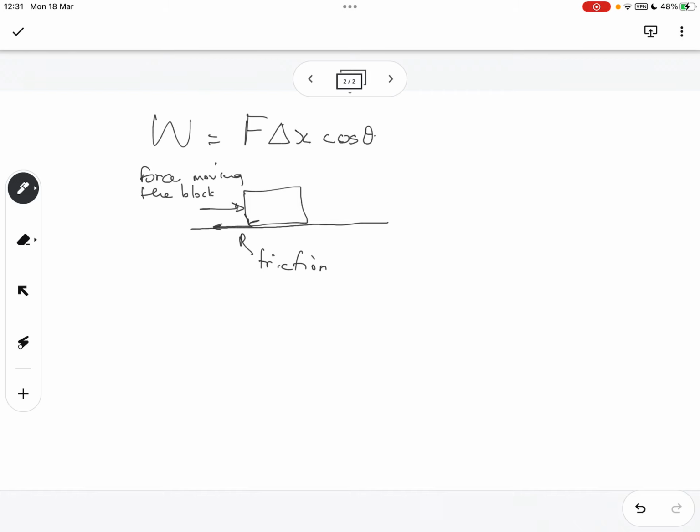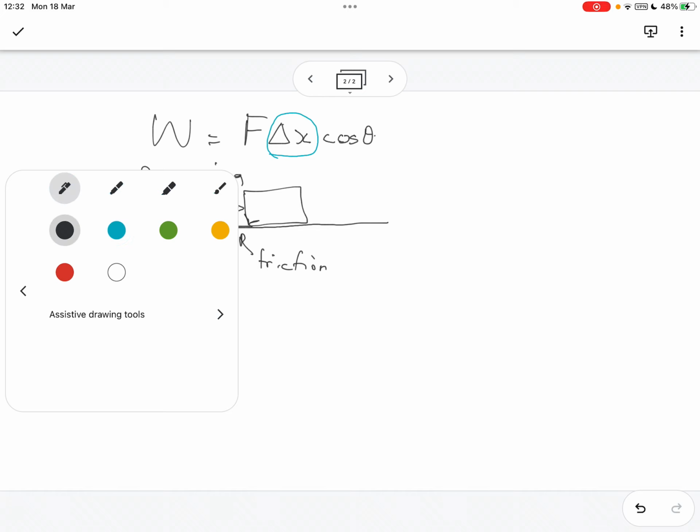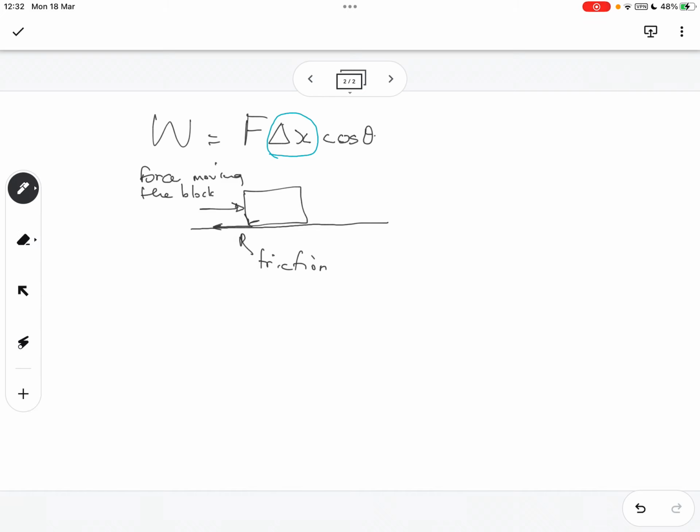This means that in order for work to be done, the object must have its position changed by an amount delta x. That's the distance block A must traverse.